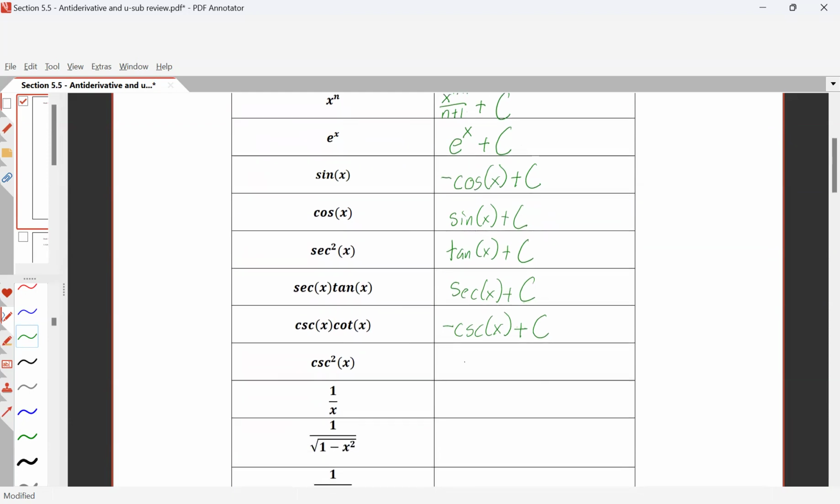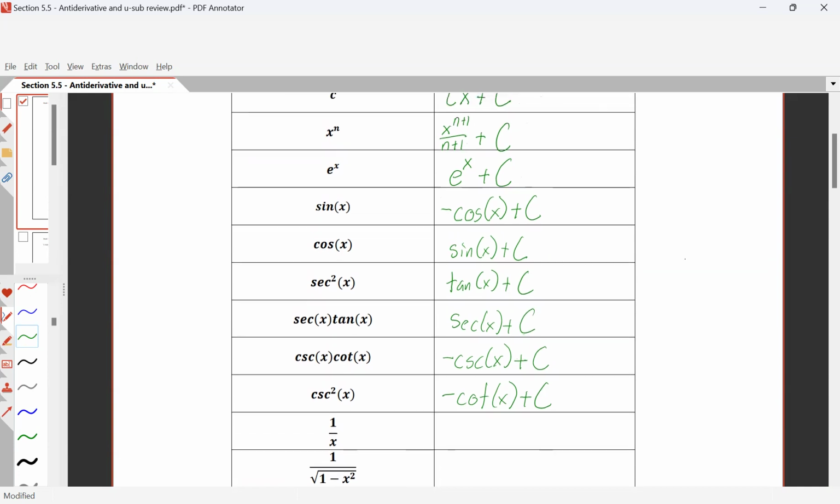And we know the derivative of cotangent is negative cosecant squared. So we get those negatives for the antiderivatives in the respective cases. But we have all the functions that give us antiderivatives of our trig functions.